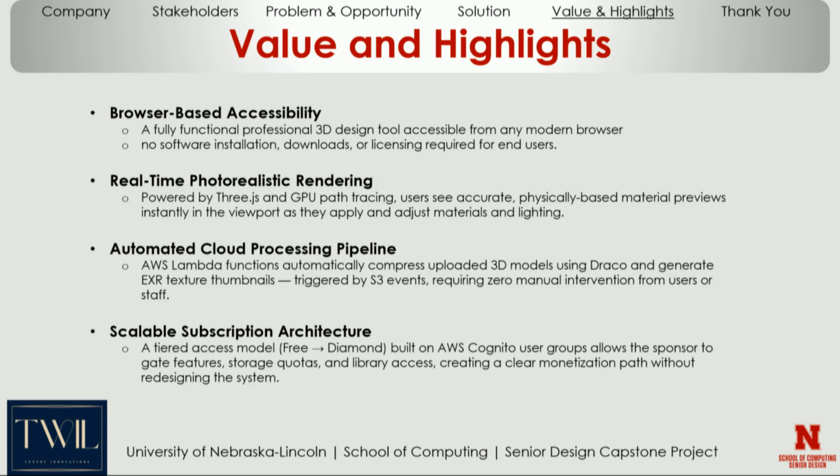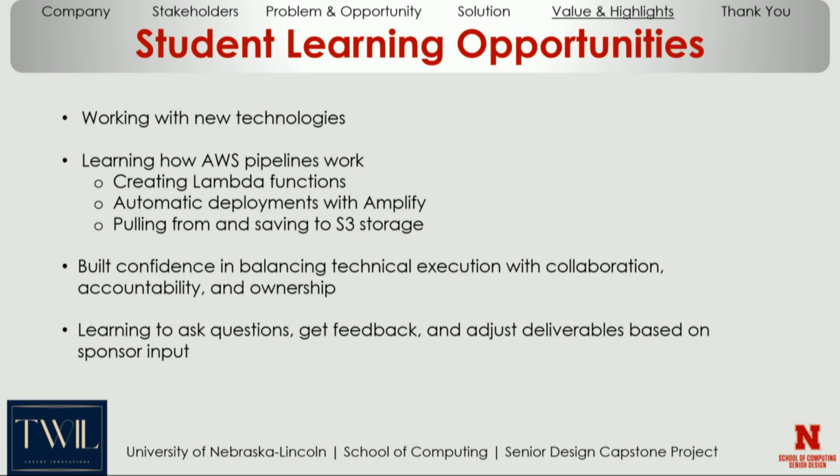We also have an automated cloud processing pipeline, which allows you to compress 3D models using Draco and create EXRs with texture thumbnails. There's also a scalable subscription architecture that goes from free to Diamond, built with AWS Cognito, and this allows for gating features, blocking storage, and access to specific materials.